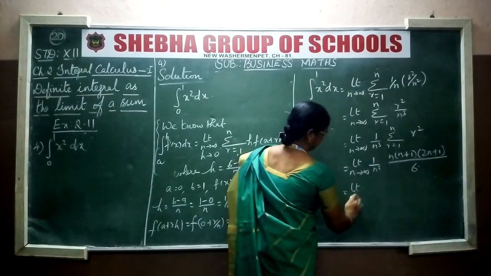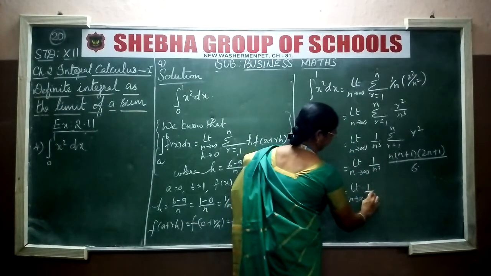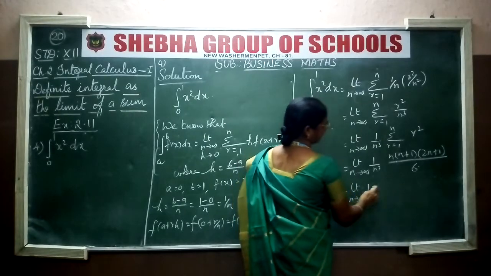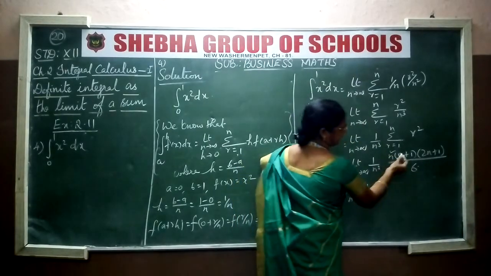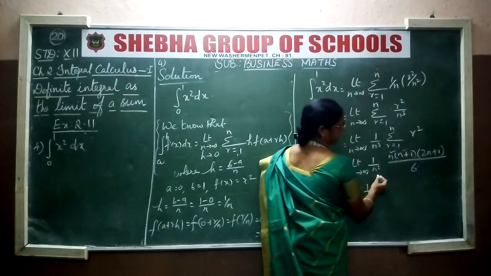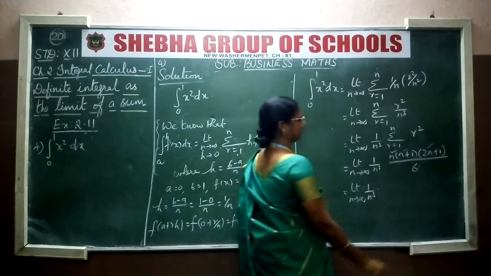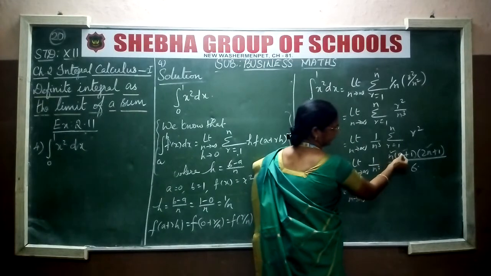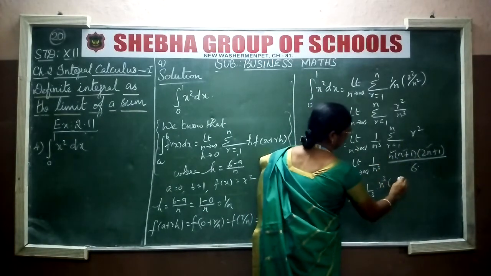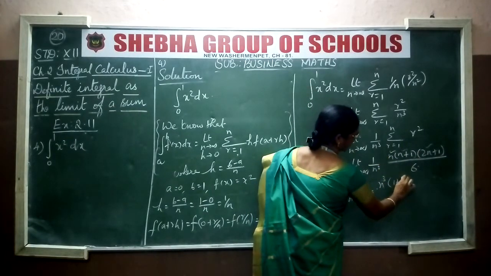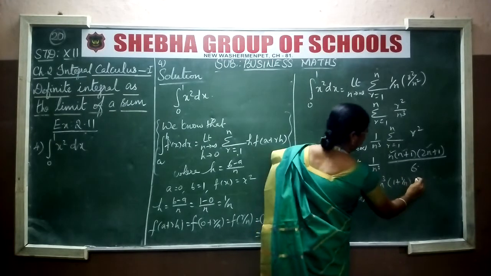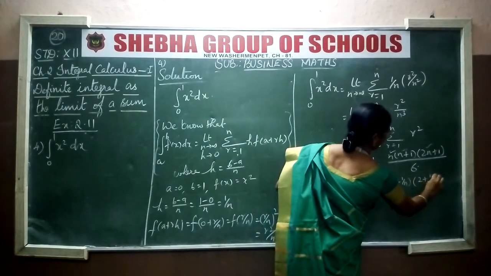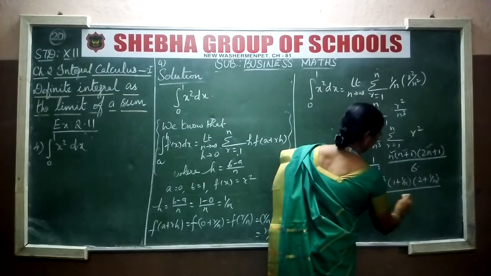And limit n tends to infinity 1 by n cube into, taking 1 n from the first bracket and 1 n from the second bracket, we get n cube outside, and inside we get 1 plus 1 by n into 2 plus 1 by n divided by 6.